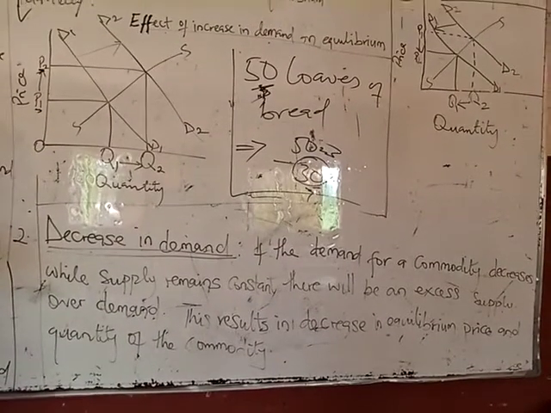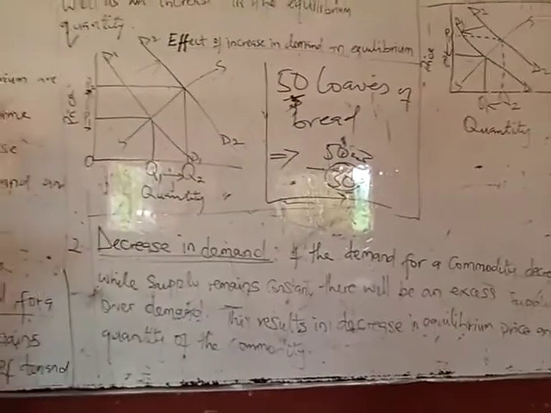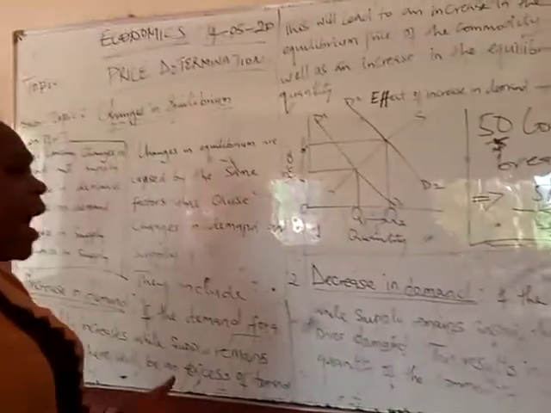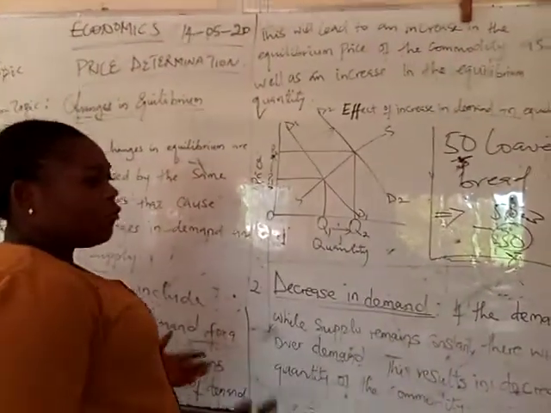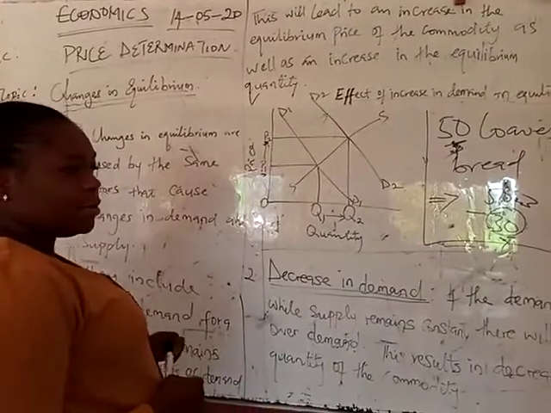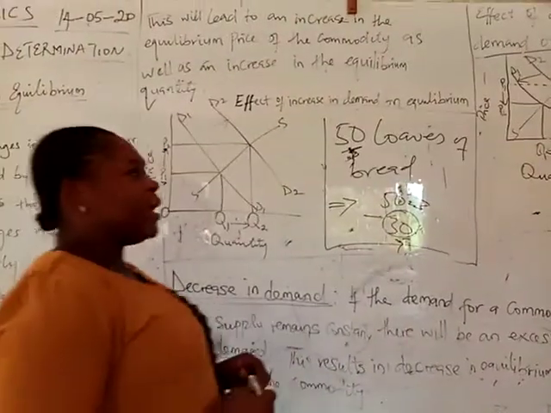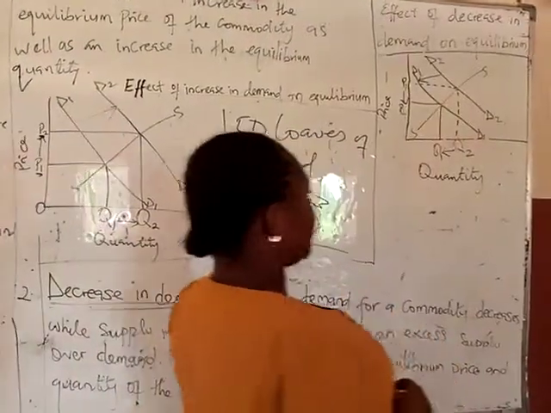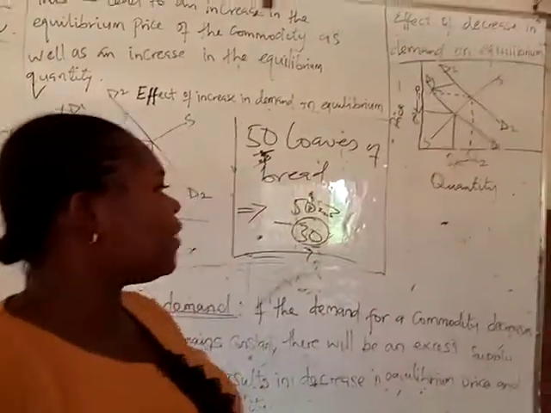What does it mean? The equilibrium price will reduce, because there will be excess supply over demand. Let us look at the graph illustration. What is this excess supply over demand?